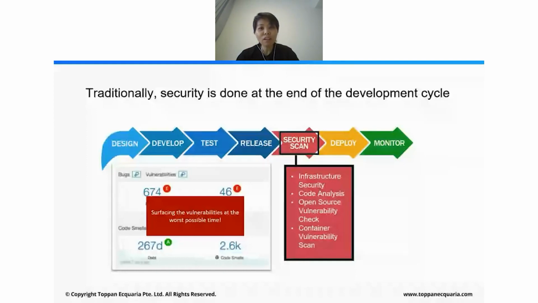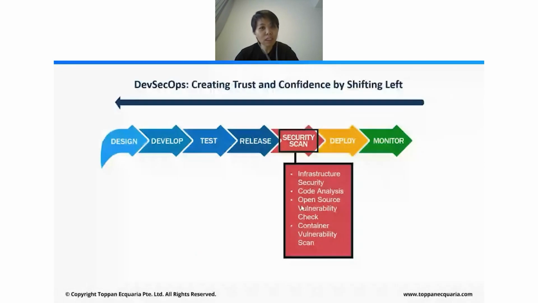And imagine what can your app team do. At this point of time, I guess most of the time they can probably only try to resolve the critical issues with the risk of introducing potential bugs into the system because they do not have enough time to perform thorough full regression tests. So what is shift left? Let's take a look.